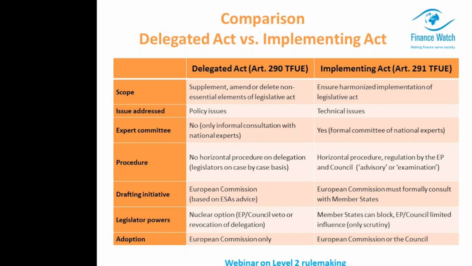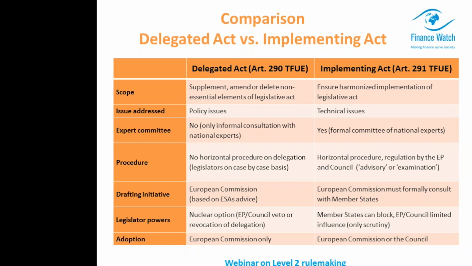As I said before, the limits of the delegation are set in advance in the legislative act for delegated acts, while the limits of implementing powers are established subsequently in the form of the comitology procedure.